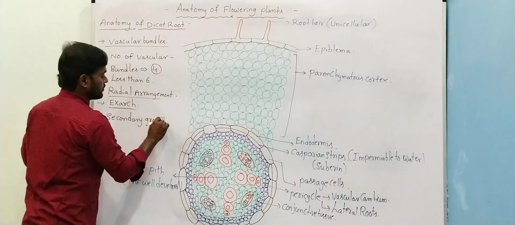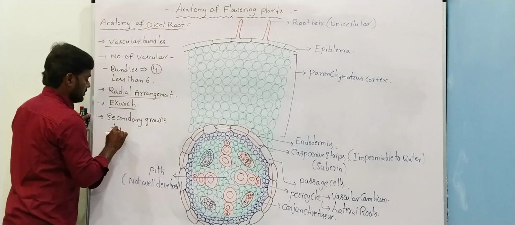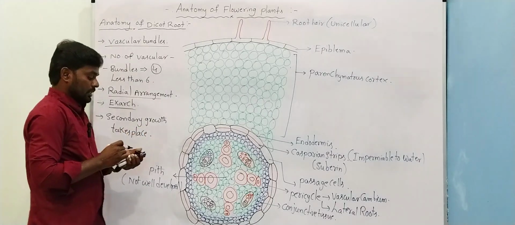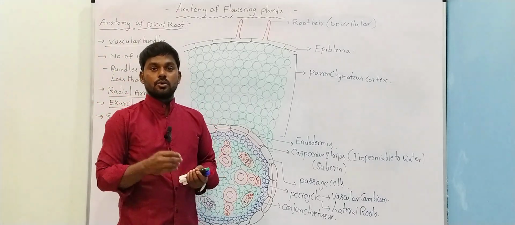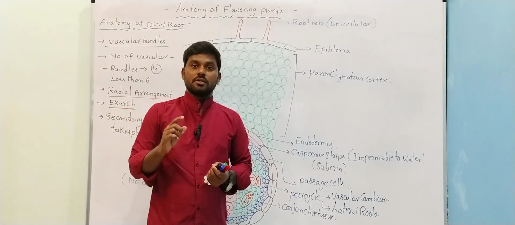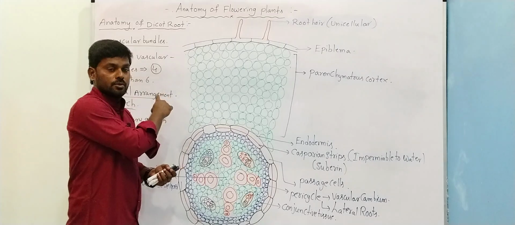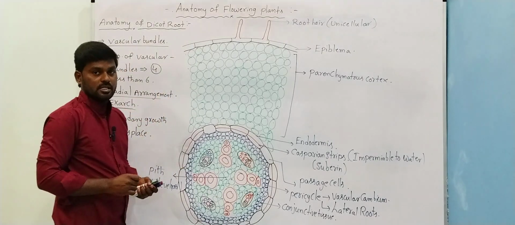In the case of the dicot stem, secondary growth takes place. In the monocot stem, secondary growth is absent. In the case of the dicot root, secondary growth takes place.